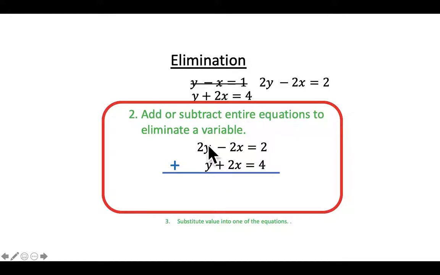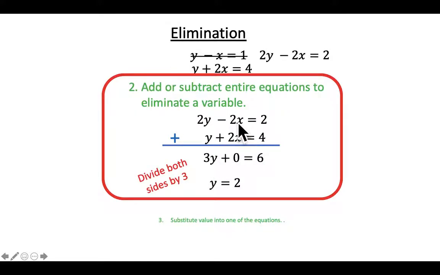I'll begin over here and I'll add 2y to y and get 3y. These two variables, when added together, will give us a 0, and 2 plus 4 is 6. So I essentially have 3y is equal to 6.